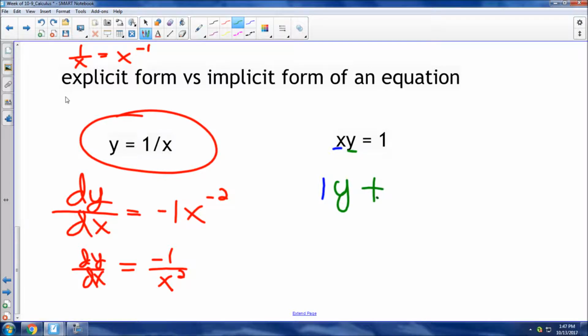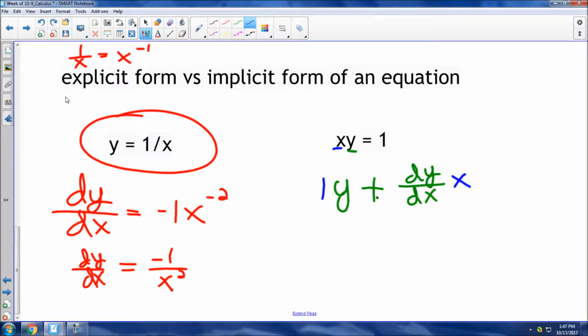Plus derivative of the second, what did we say it was? We said it right, dy dx. I don't know if it's great to have a product rule here, but oh well. Times the first, and what was the first? X. Okay. So let's find dy dx.